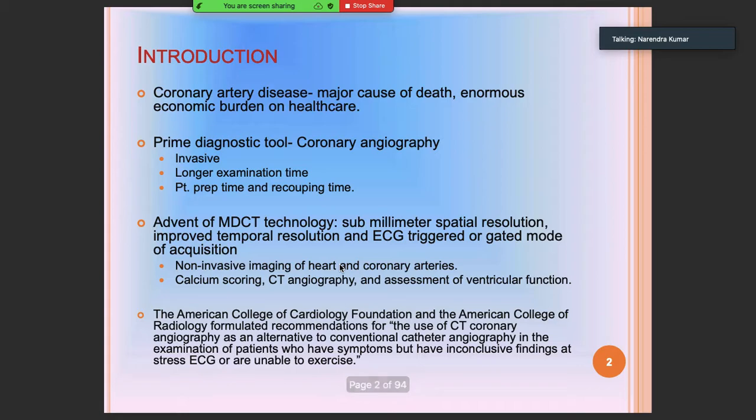So the first thing is, why do we even try to use it? We all are aware that the gold standard is coronary angiography, but it does have its limitations, in the sense it is an invasive test. It takes a pretty long time as well, it takes time for preparation, then the recouping time as well, and it can also have side effects, in the sense that there are intra-procedural complications which can happen as well.